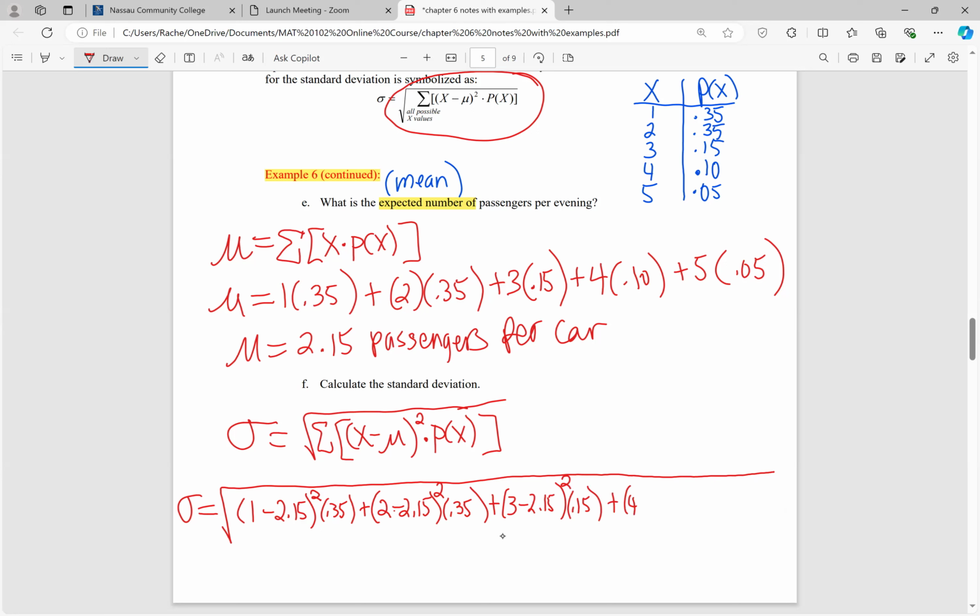Plus now 4 minus the mean of 2.15 squared times the probability of 4, which is 0.10. And then we have to add that to 5 minus 2.15 squared times 0.05.